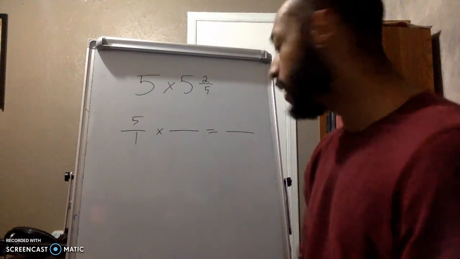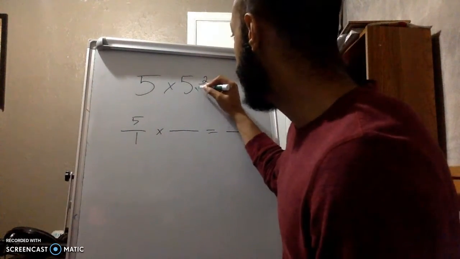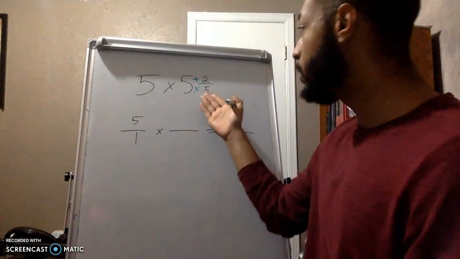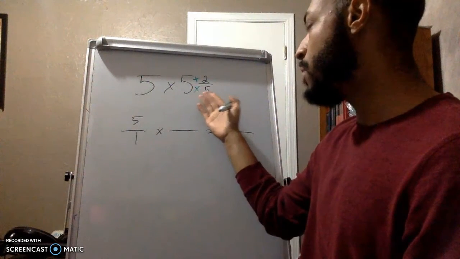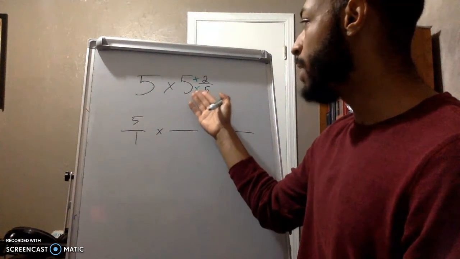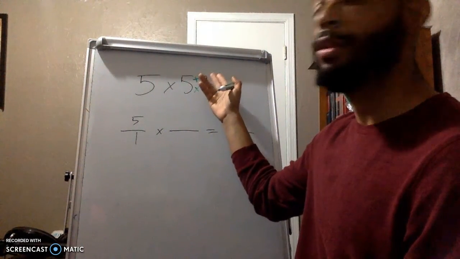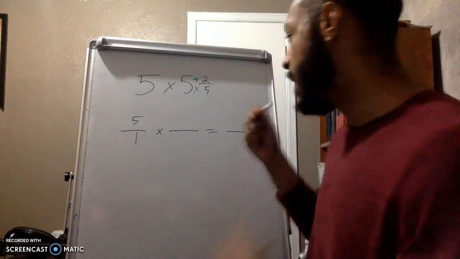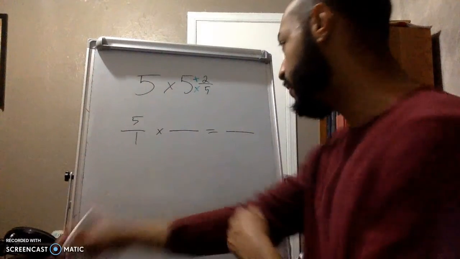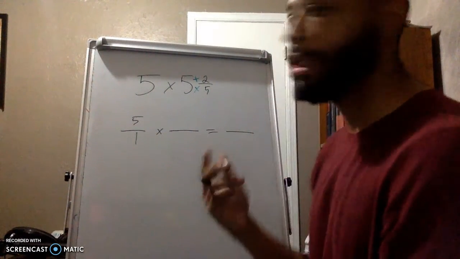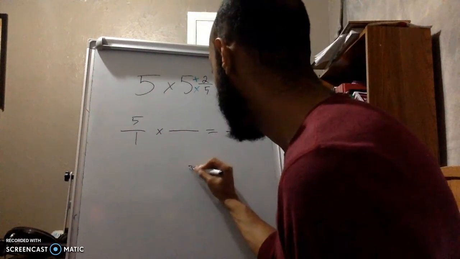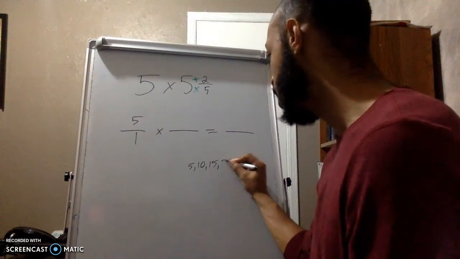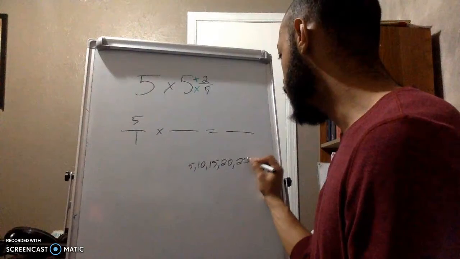But now we need to make this a mixed number. In order to do that, we're going to multiply the whole number and the denominator. Then we're going to use that number, and add the numerator to it. But I don't really know what 5 times 5 is, so I can just count 5 times. 5 plus another 5 is 10, plus another 5 is 15, plus another 5 is 20, plus another 5 is 25.